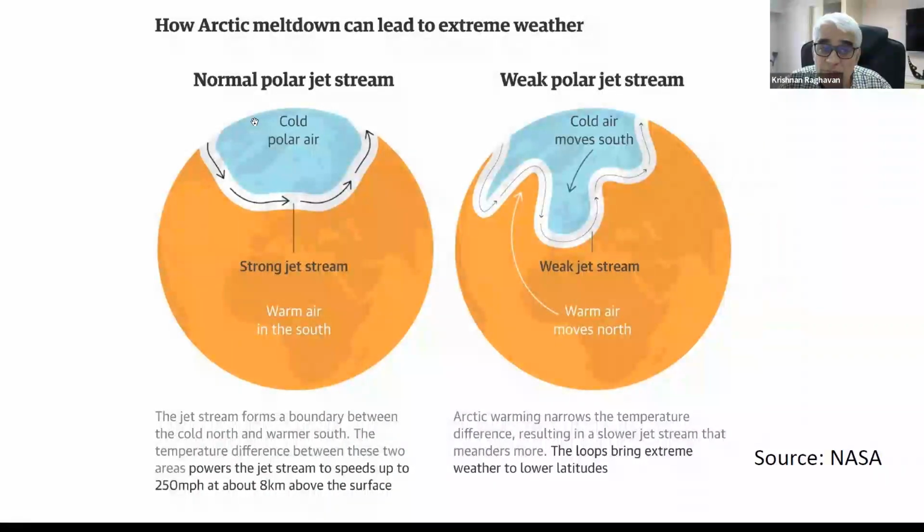Once the ice reduces in the polar region, the meridional temperature gradients between the mid-latitudes and the poles can weaken. And so the polar jet stream will become weakened and starts meandering. These meanders in the jet stream can affect extremes in temperatures as well as precipitation in the mid-latitudes.